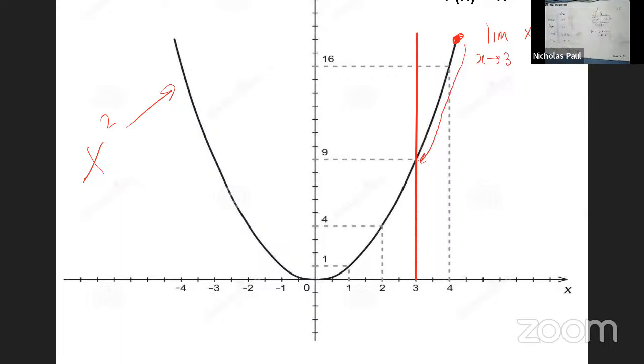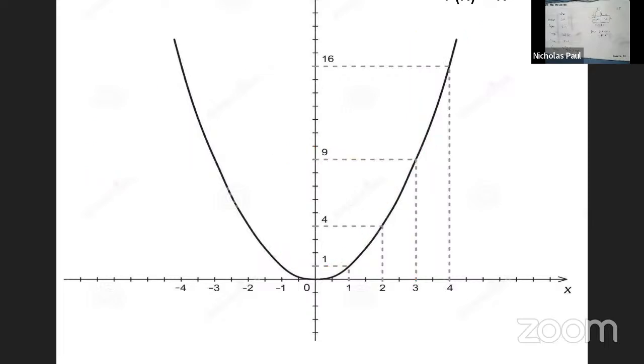When I reach 3, I am approaching this y value here, which is 9. If I approach from the left and approach 3, what y value am I approaching? Same thing, 9. So the limit of x squared as x approaches 3 is 9.